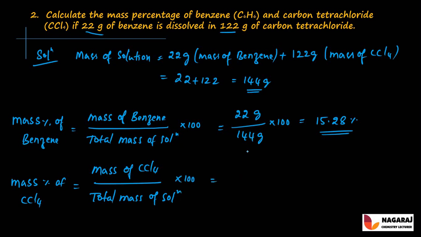That is equal to the mass of CCl4, 122 grams, divided by the total mass of the solution, 144 grams, into 100. So it is 84.72%. So by adding these two percentages, it gives 100%. That is, the mass percent of benzene is 15.28% and the mass percent of CCl4 is 84.72%.